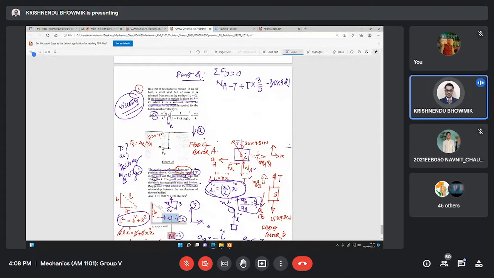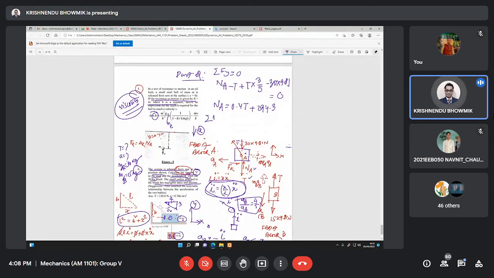There is no acceleration in that direction, so that equals 0. So you can get the expression NA equal to 0.4 T plus 294.3. There could be little bit of deviations, don't worry.